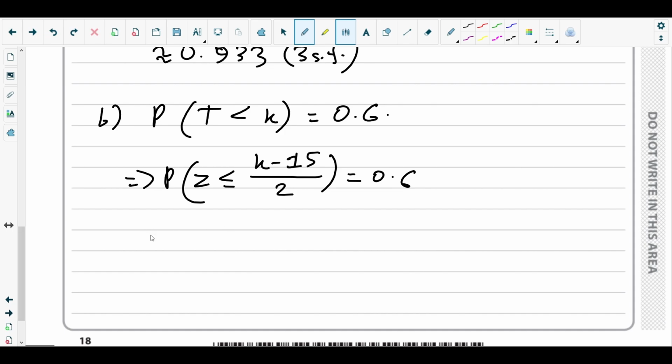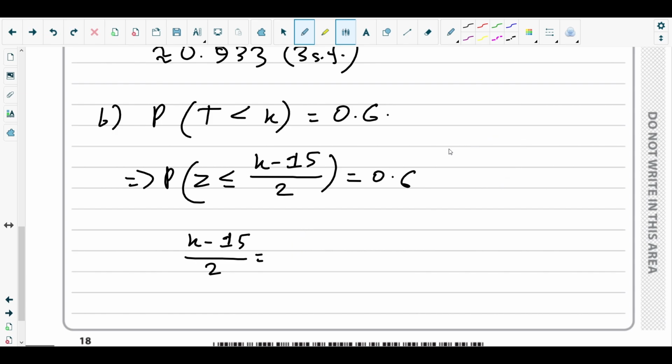Which value corresponds to a probability of 0.6? If you have a ClassWiz calculator, go to mode and then press 7 and then go to inverse normal. For the area we need 0.6, sigma is 1, mean is 0. We get the standard value for z. So x minus 15 over 2 equals the value. They said the fastest 60%.